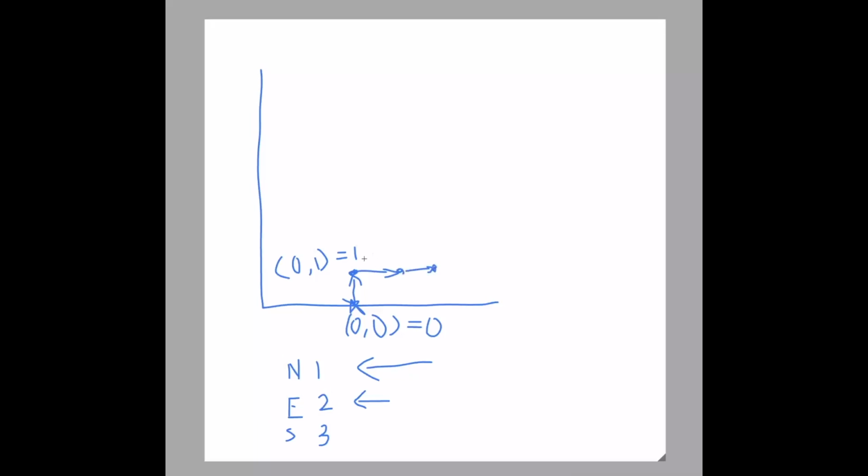Once we get to 1, 1, we have to keep track of the last time we visited here. The previous one was 1, so it's just going to equal 2. So we got to the coordinate 1, 1 at time 2, and then the same for 2, 1. We get there at time 3.